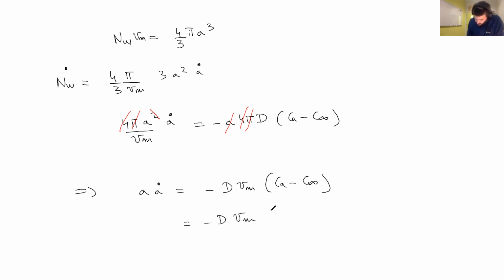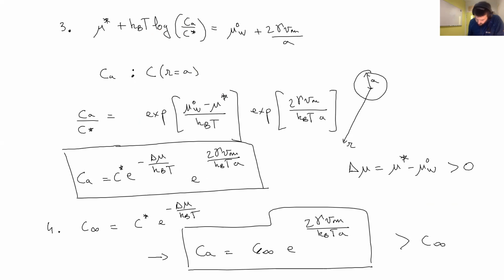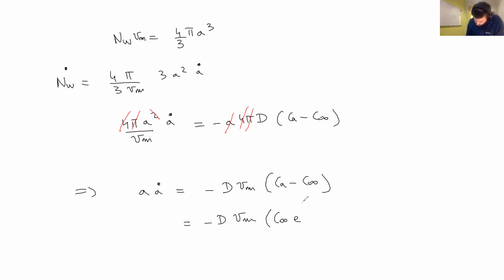So CA was C infinity exponential 2 gamma Vm over kBTA. Okay, so I found the relation for the evolution of A in time.